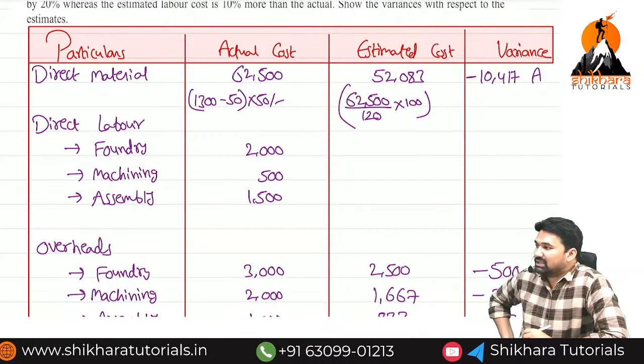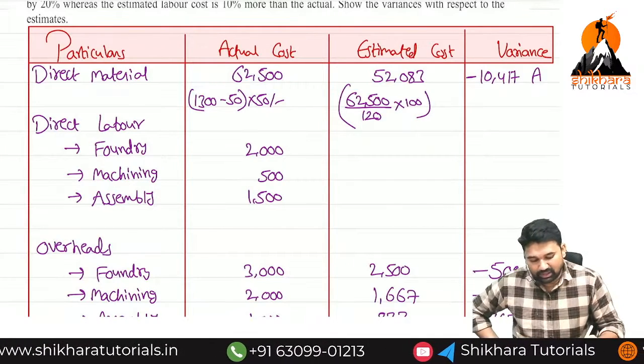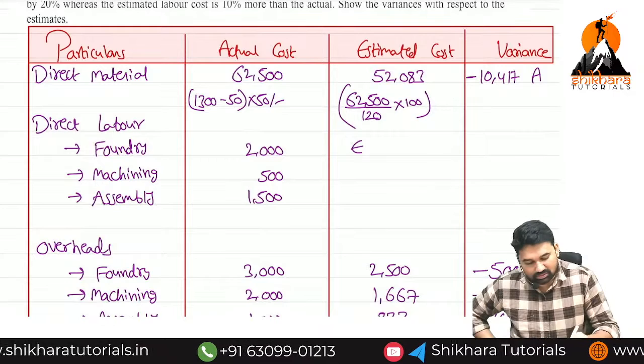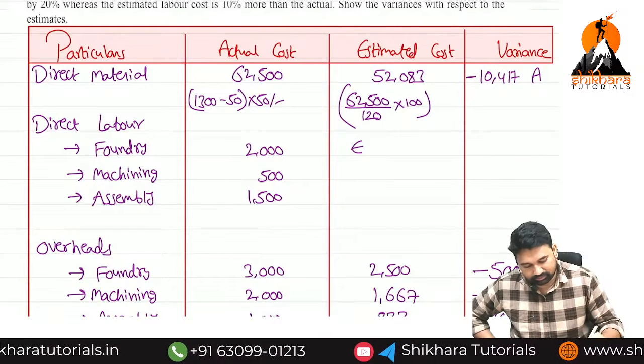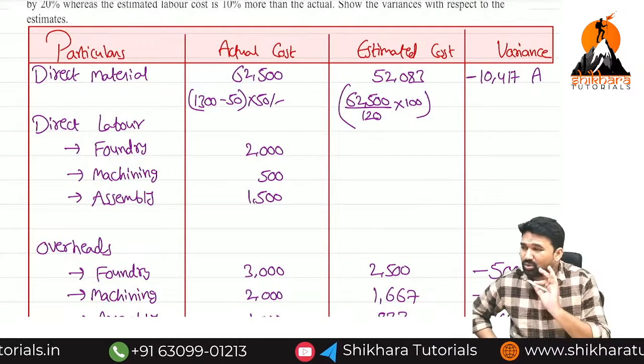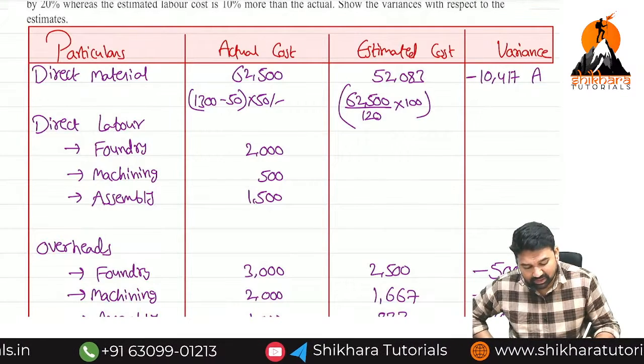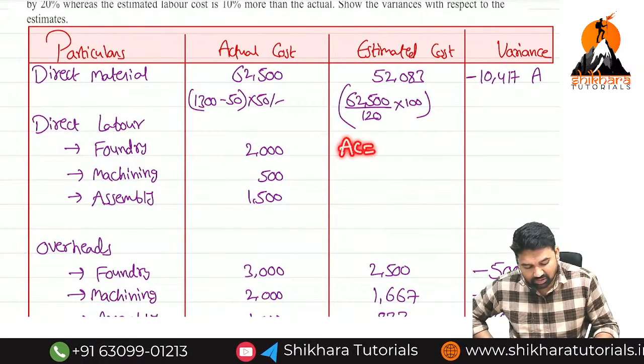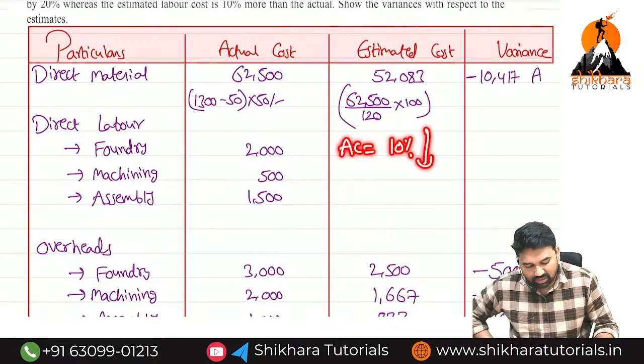What is that link? Estimated cost. So you know only the link. So what is the link? Actual cost is equal to 10% lower than the estimated cost.